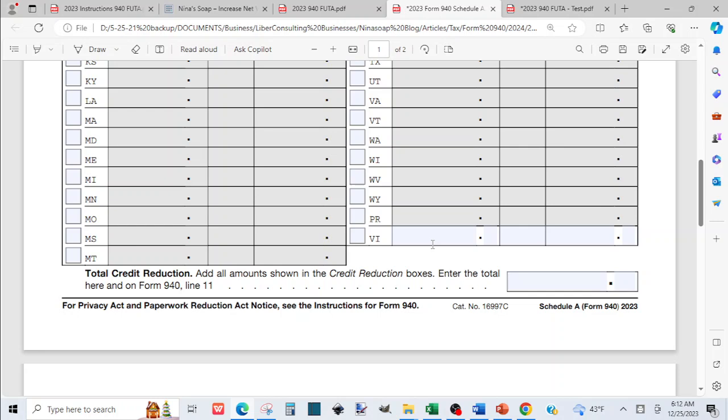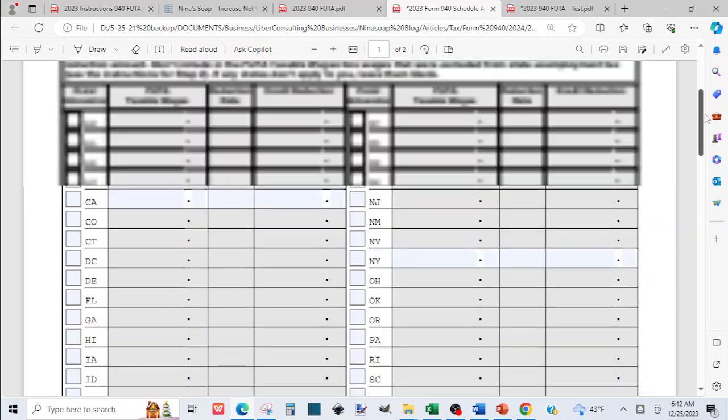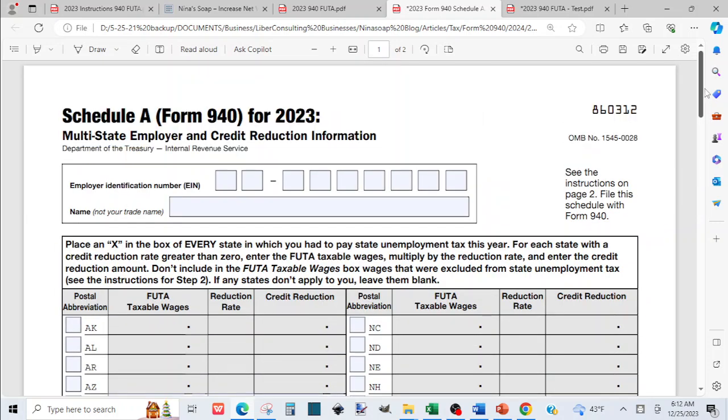And then you have Virgin Islands, I believe, VI. That means those three are in the list for the credit reduction states. But just know that this form has two purposes: credit reduction states and multi-state employers.